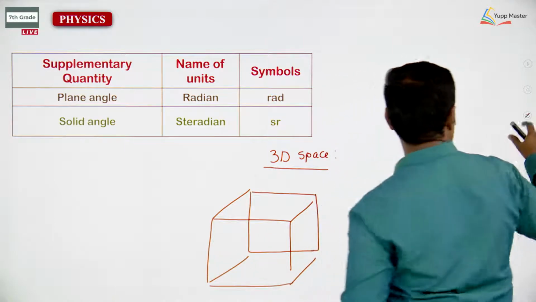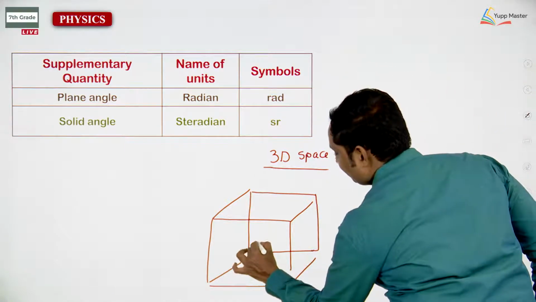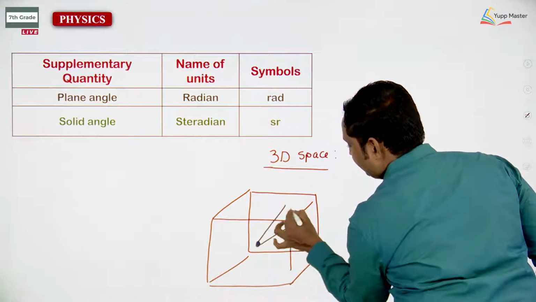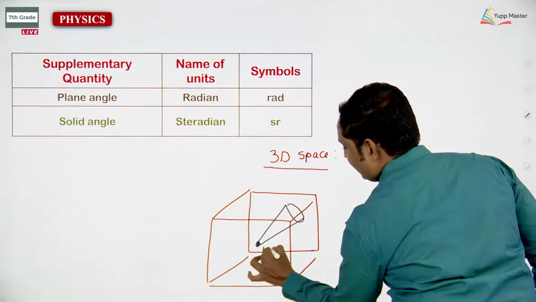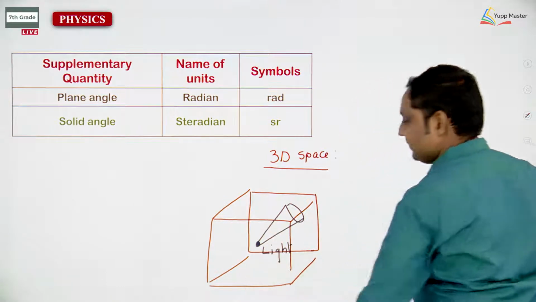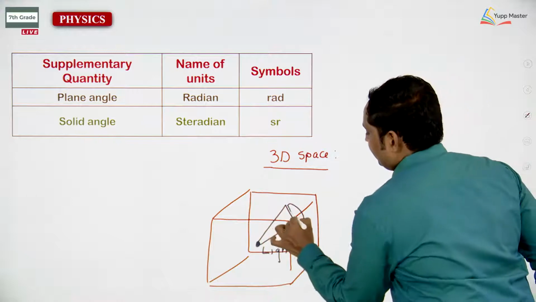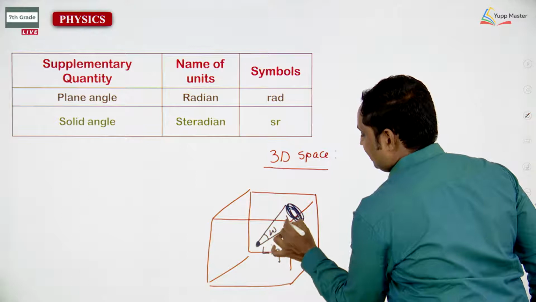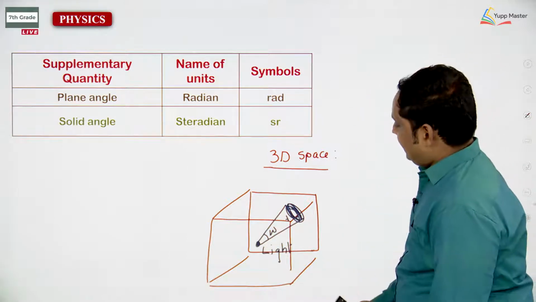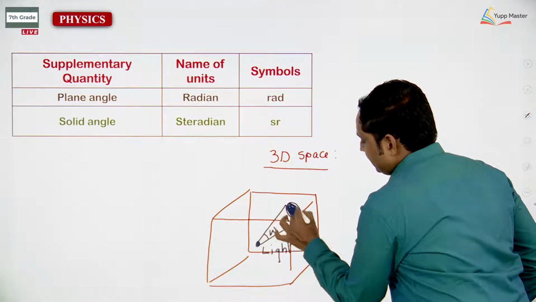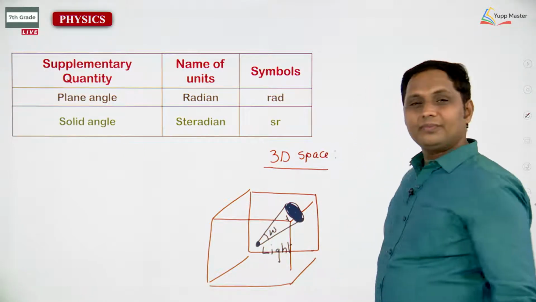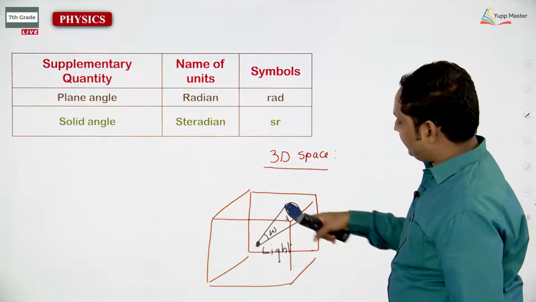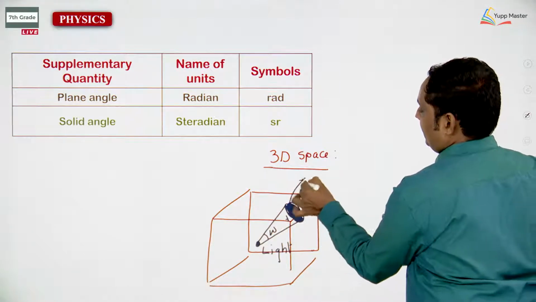If you take one light source which is going to be extending, the angle, you have to take that as omega. The angle subtended by this area in the 3D view with respect to the 3D space can be identified.